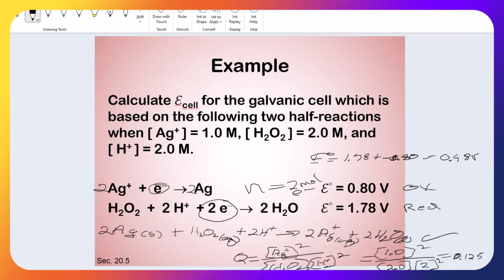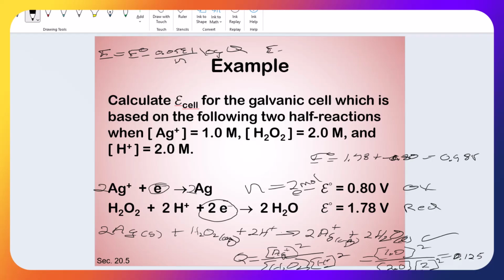Now, here is the Nernst equation that we're going to use. E of the cell under non-standard conditions is equal to E naught minus 0.0591 divided by n, times log base 10 of Q. Let's just plug in.